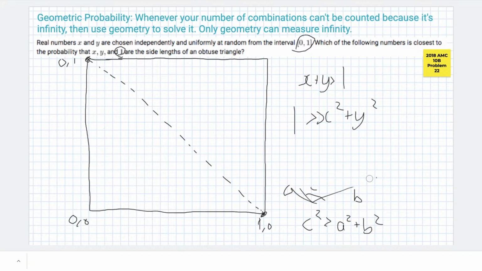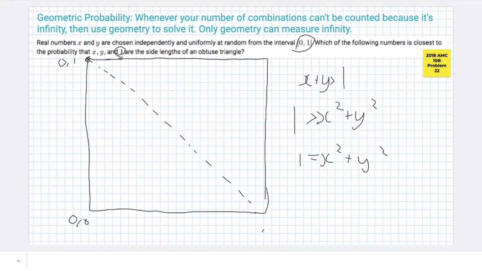So now we need to try to find the answer. So now we need to graph 1 is greater than x squared plus y squared. And this can be done by setting 1 equal to x squared plus y squared. And we know that this is just the graph of a circle. And if you graph the circle, you'll get a quarter circle with the radius of 1 over here.